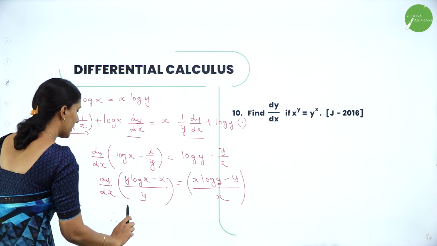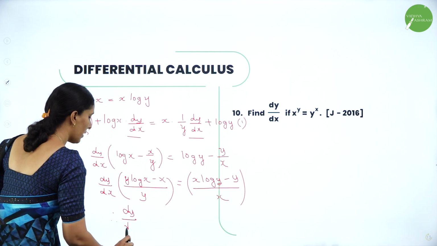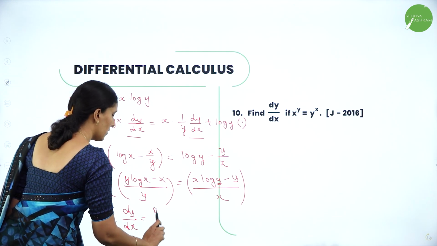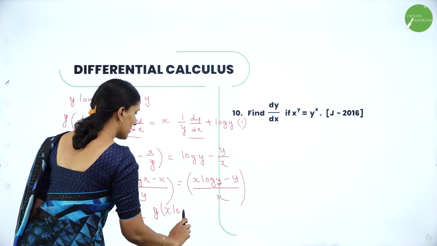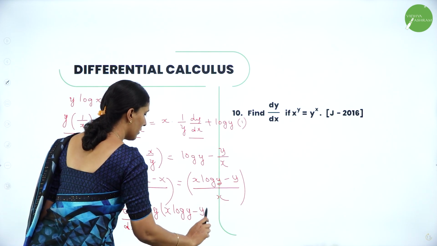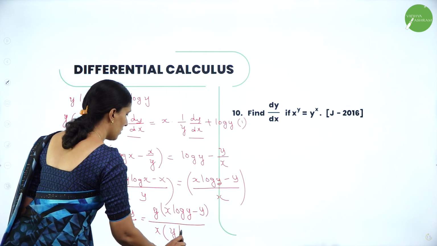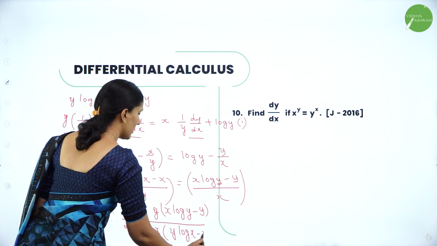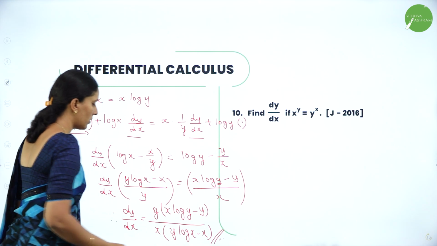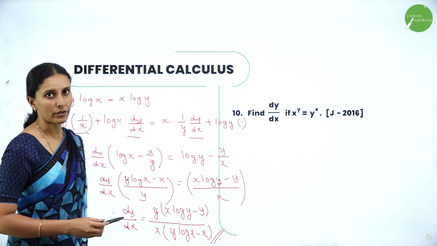So on cross multiplication we get dy by dx is equal to y into x log y minus y whole divided by x into y log x minus x. So this is the derivative of the given function.